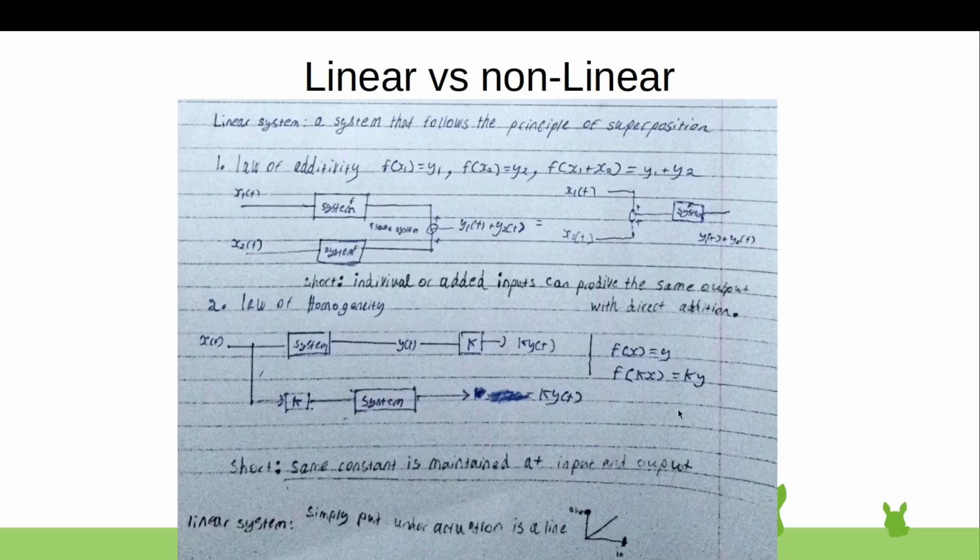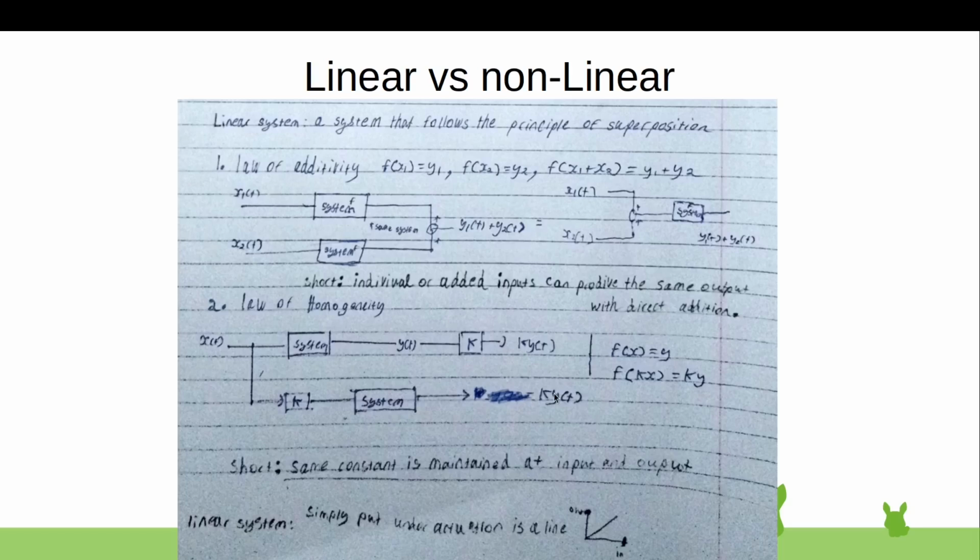And then we have the law of homogeneity, and that just means that our constant is simply maintained. So you put the constant in the input, you basically get it at the output. If you just apply the constant at the output, you would get it, k y(t), and here also k y(t). So it's basically just maintained.